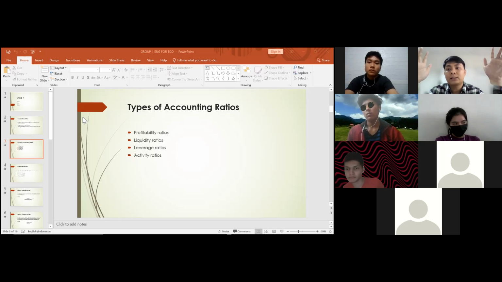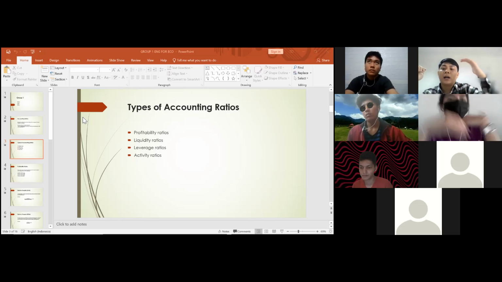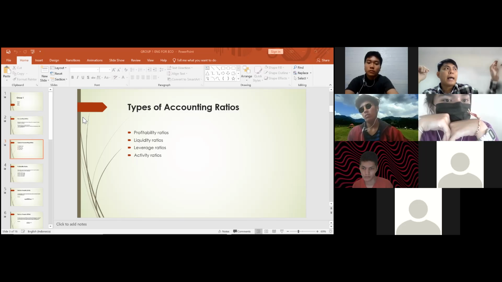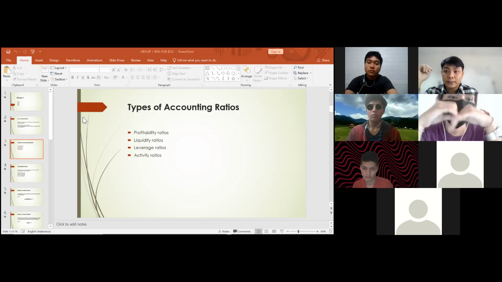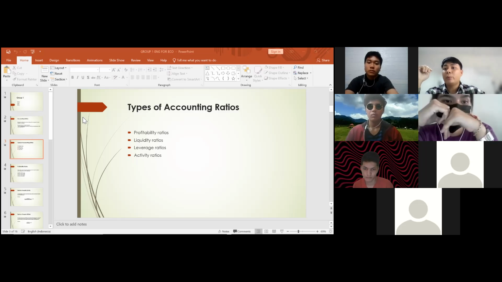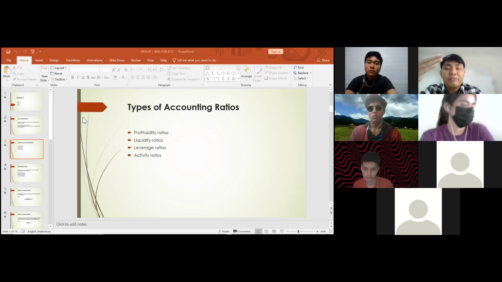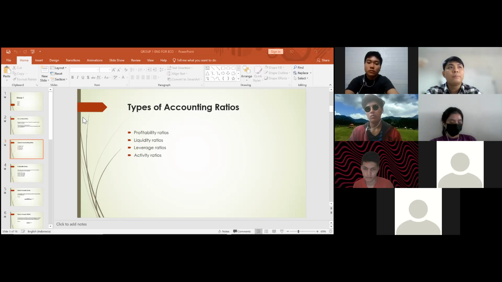We can find articles based on their researchers, directly copy some ratios that they use, and then improve or add some elements. Let's say they haven't added activity ratios, like return on sales. We can add some ratios. So we need to know the measurement, the dependent variable, the independent variable, the goal, and how many years those researchers did their analysis.